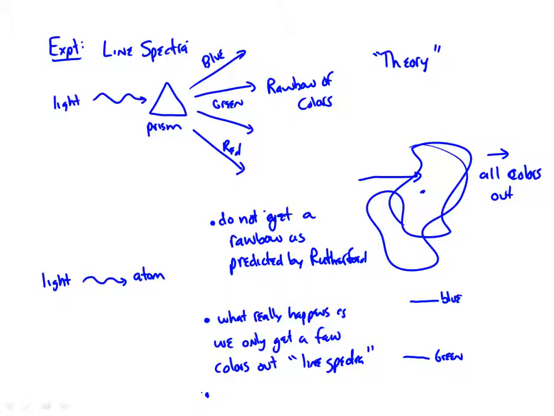But when they did the experiment, they only got very specific colors out that were different for different elements. That obviously something more was happening. That the electrons couldn't possibly just be in some random cloud around the nucleus. That there had to be some structure that led to only certain colors of light being emitted by those atoms.